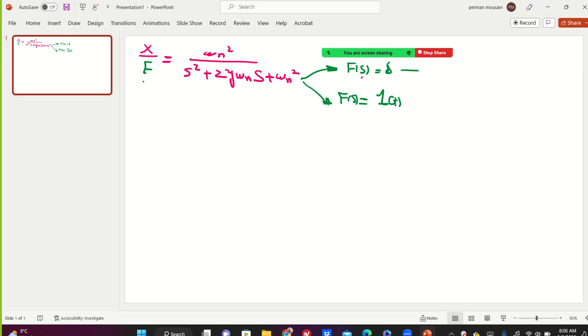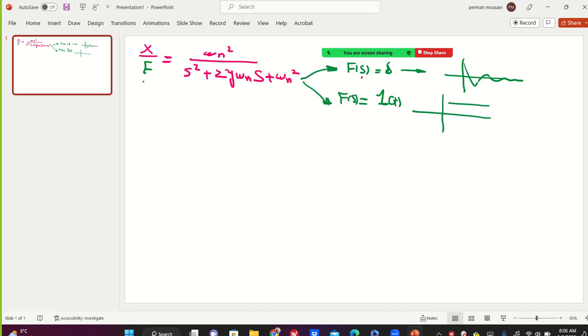And we saw that after implementing these, we got this response for the impulse, and we got this response for the unit step for the underdamped system.